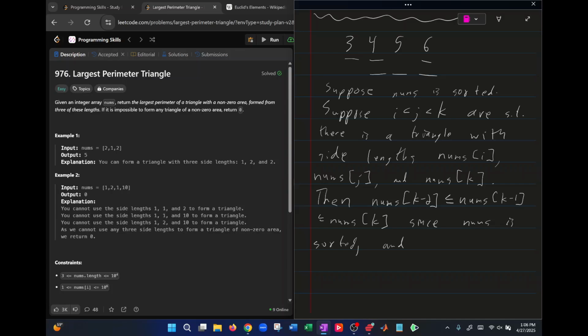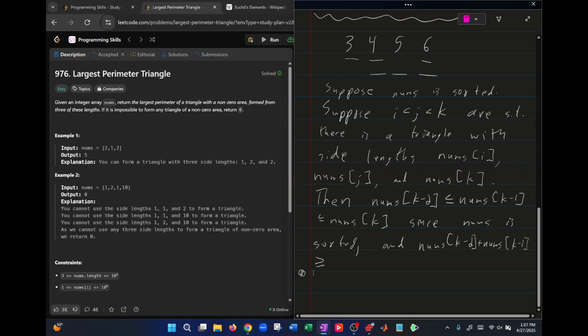And as for the triangle condition, we need to prove that nums k minus 2 plus nums k minus 1 is greater than nums k.